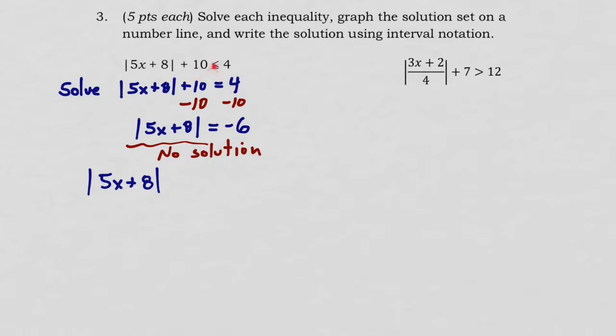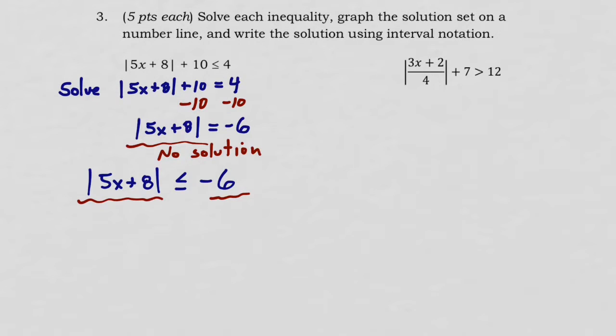So it's totally okay to add and subtract things from an inequality. It's not going to change the sign. So if we subtract 10 from both sides of that initial inequality, we'd get the absolute value of 5x plus 8 is less than or equal to negative 6. And now let's think about whether that's possible. Negative 6, of course, is negative.